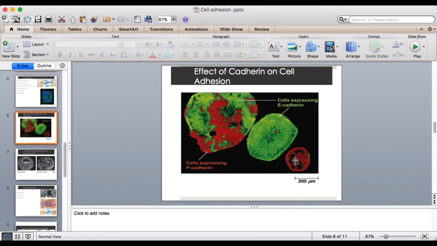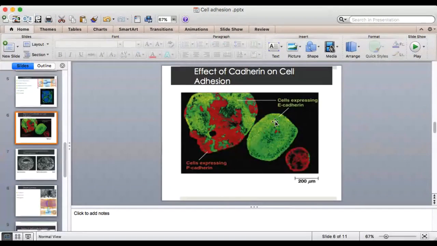E-cadherin and P-cadherin were added to these L cells, and these cells started to produce E and P cadherins, which can be seen here.